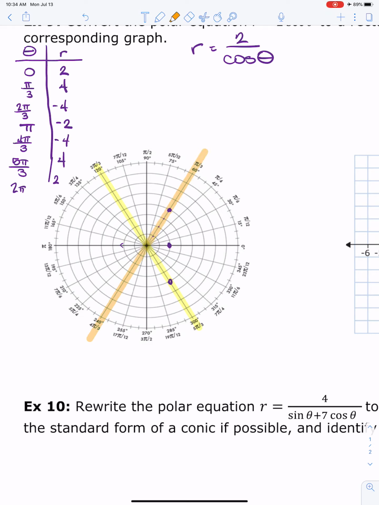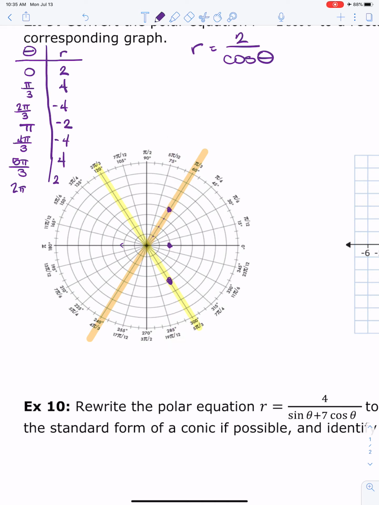That's the same line as pi over 3, so I've got negative 4, which hits at this point again, and at 5 pi over 3, I'm at positive 4 here, and then at 2 pi, all the way around and back at 2. So hitting these points, theoretically is the straight line that goes through those points.